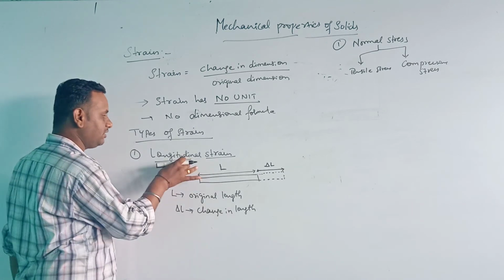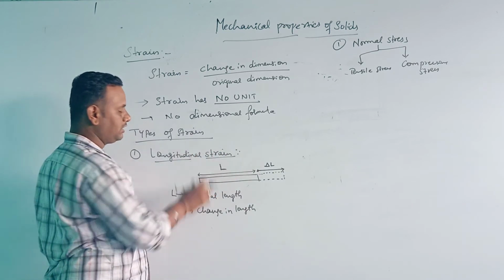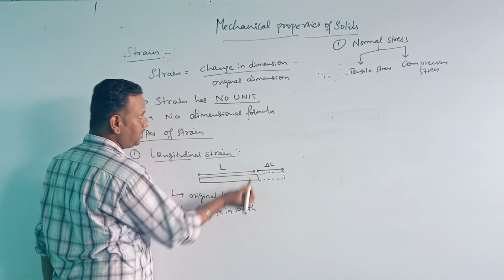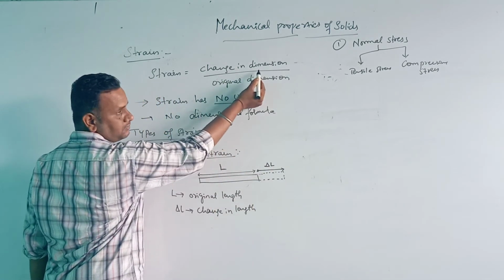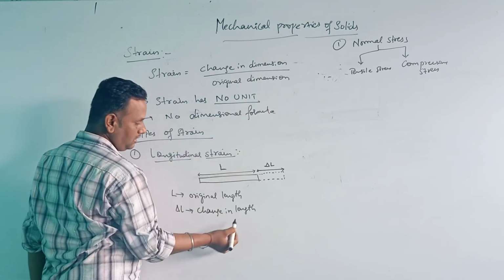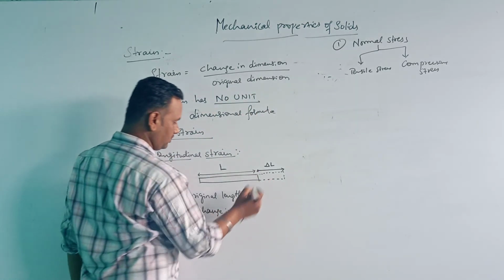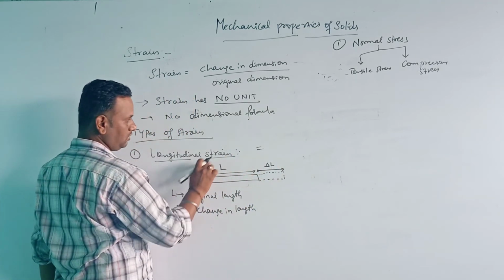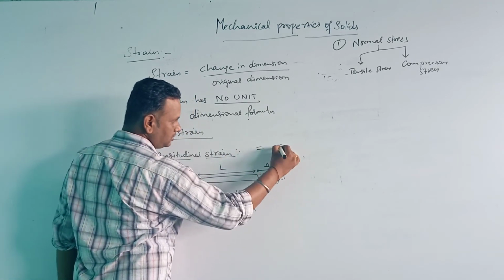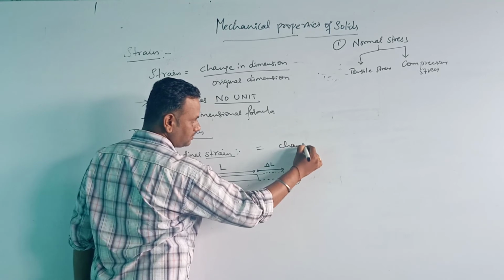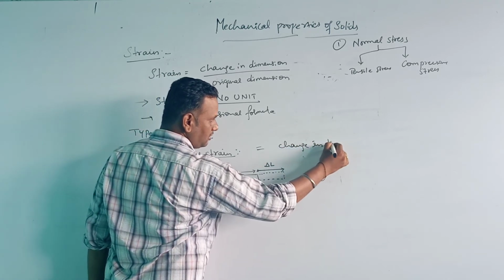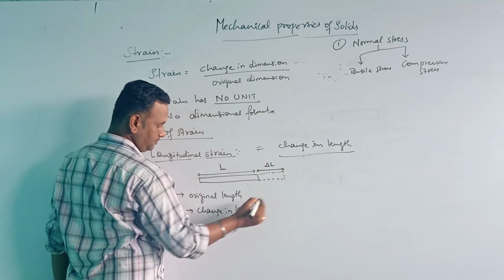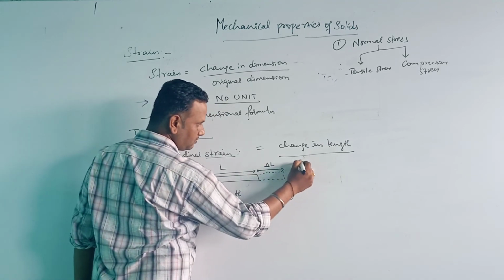Now how can we define this longitudinal strain? Longitudinal strain means change in length divided by the original length.